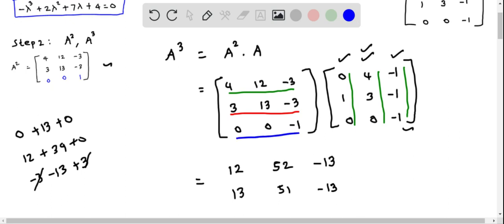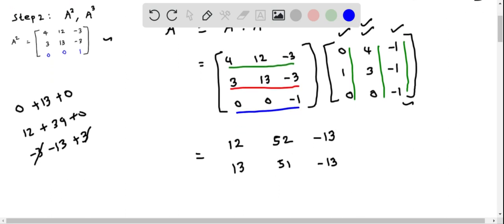Now let's move on to the third row of the first matrix and multiply with each of the columns in the second matrix. Since we have two zeros here, we just have to look at only this product, that is the last element of the third row multiplied with each of the elements in the columns, like this.